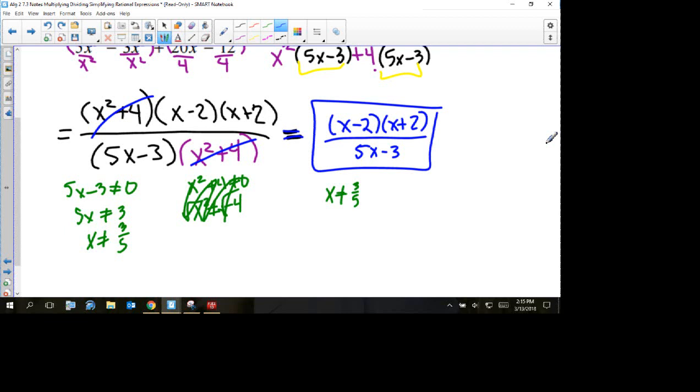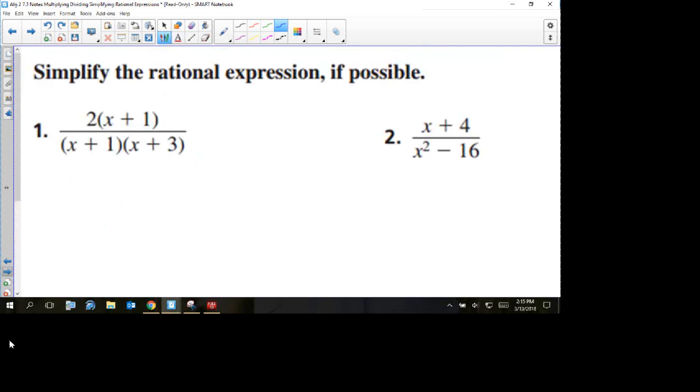All right. Next. Number 1. Read. What am I going to do first? Do you believe multiply?